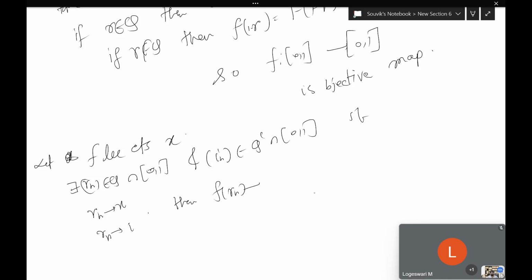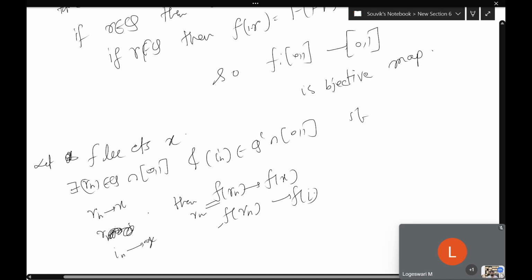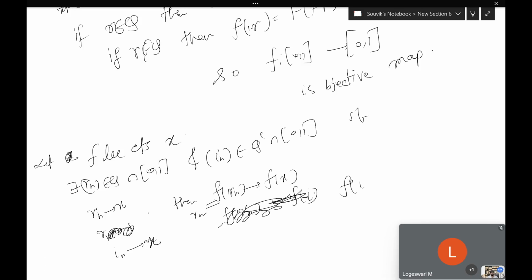Then f of Rn goes to f of x and f of In goes to f of x.